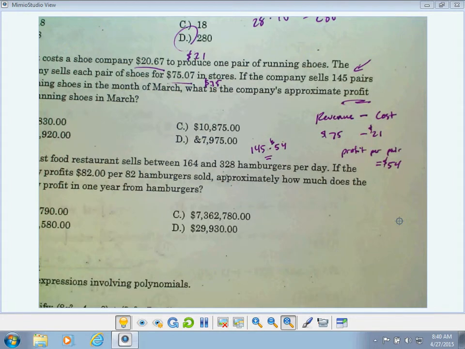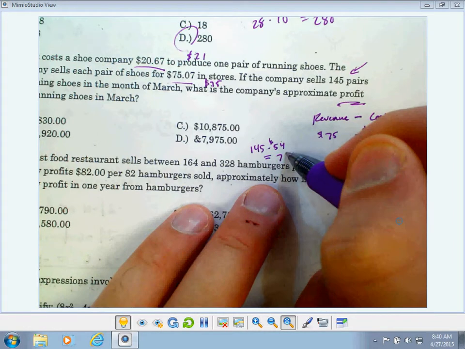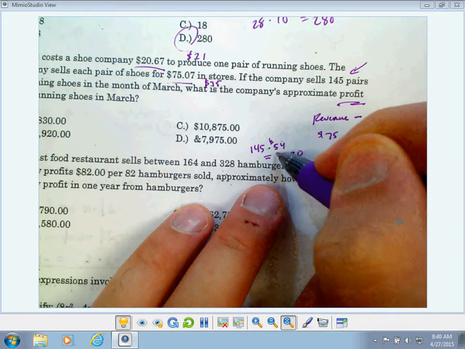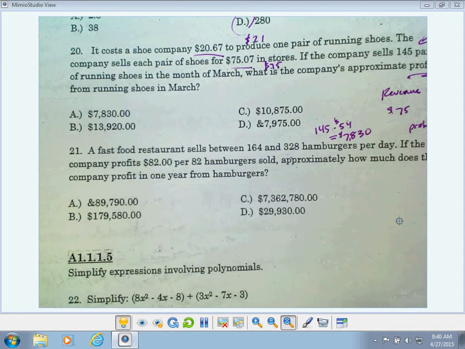This is probably a calculator problem. We can go ahead and do that. So I'm going to get out my calculator here very quickly. So 145 times 54, and I get $7,830. This looks to be answer A.